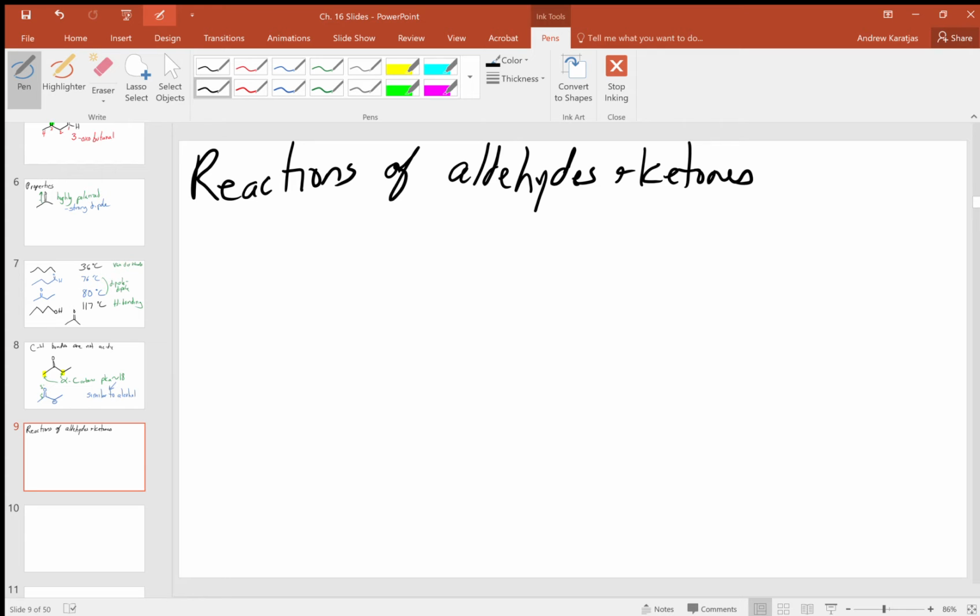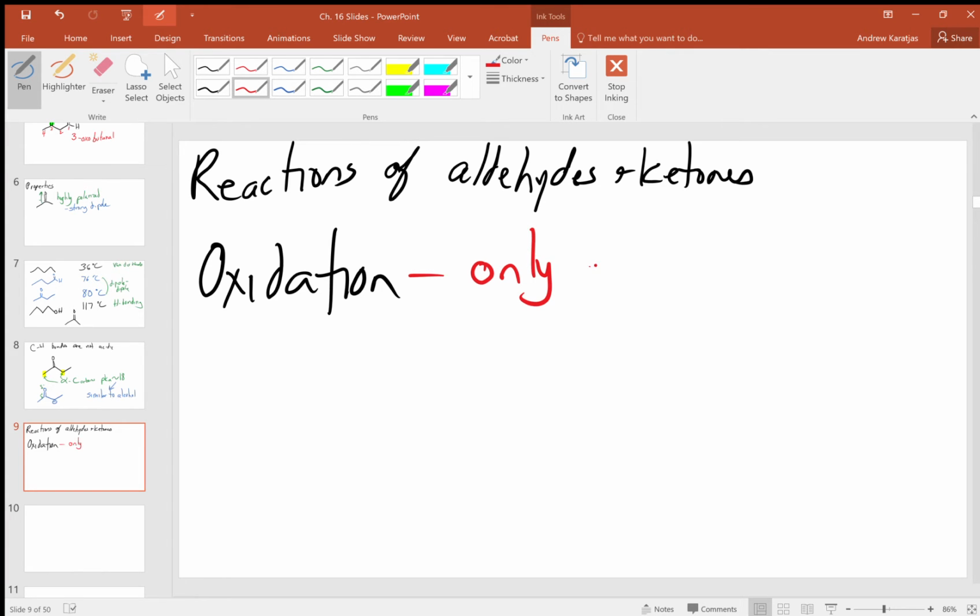But the first one we study will be one of those exceptions, and that's oxidation. And this really is only applicable to aldehydes.